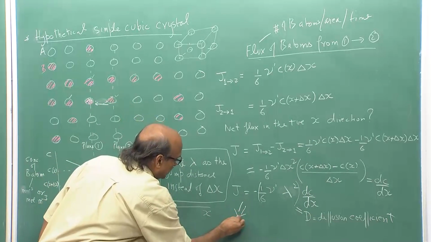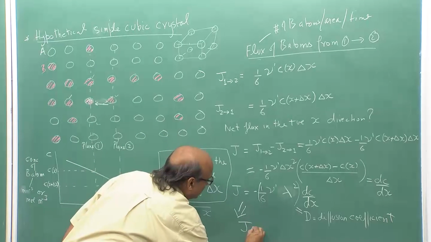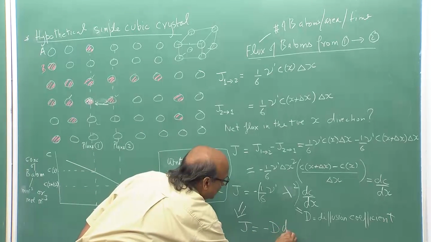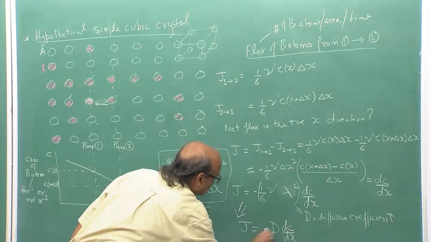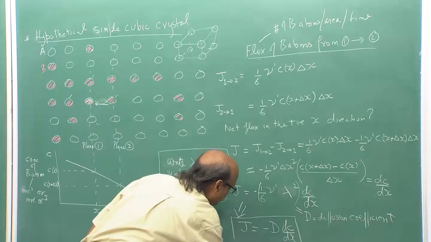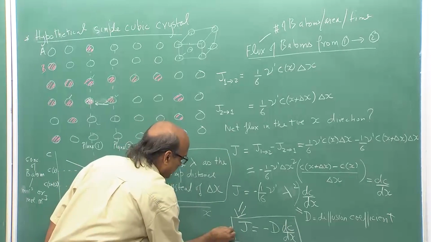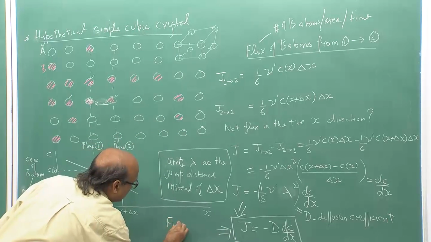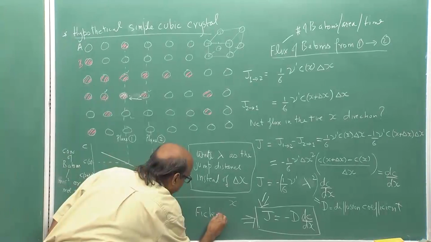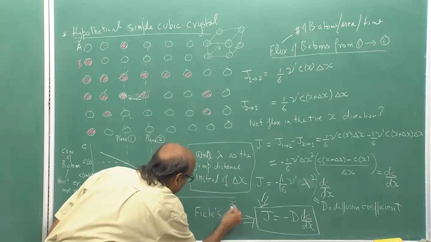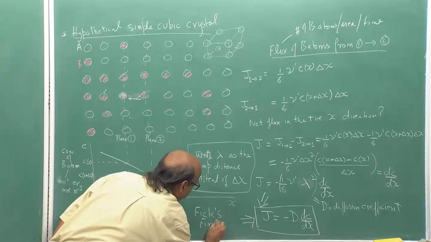So, from here the net flux is minus D dc by dx, and this is called Fick's first law of diffusion.